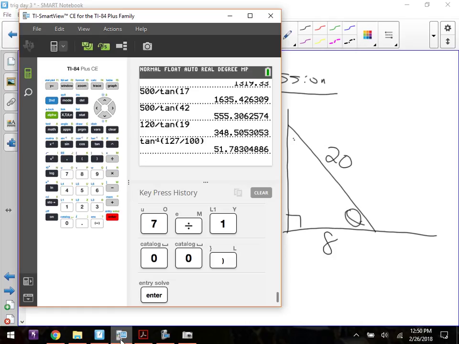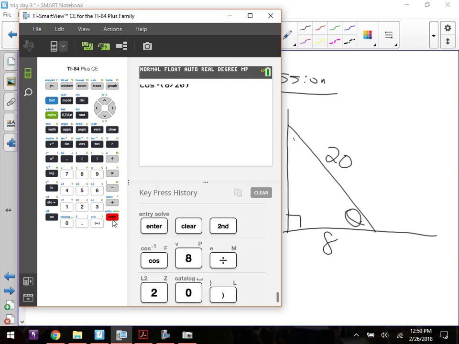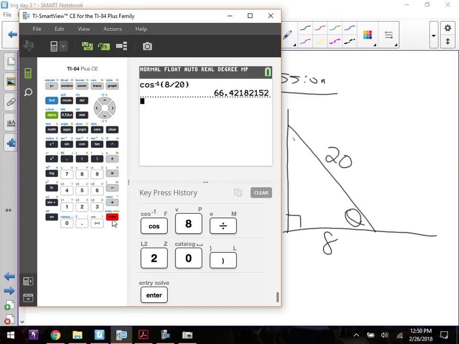Inverse cosine of 8 over 20 is 66.42 degrees elevation. Not too terrible, right? But remember, this goes with the idea that you can visualize what they're talking about. How do you draw a diagram and go from there?